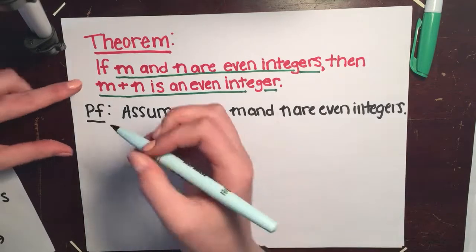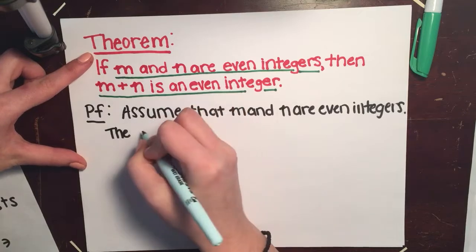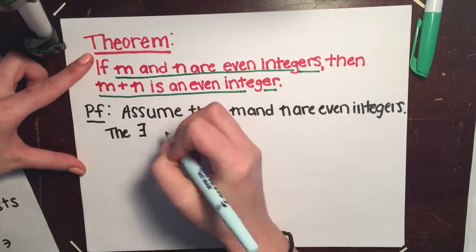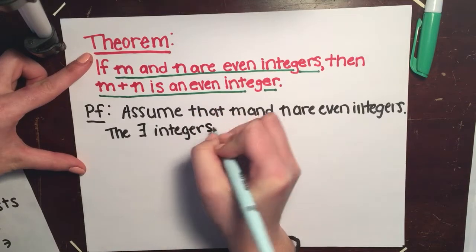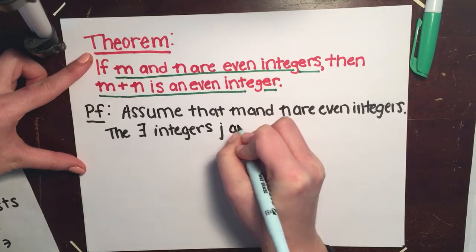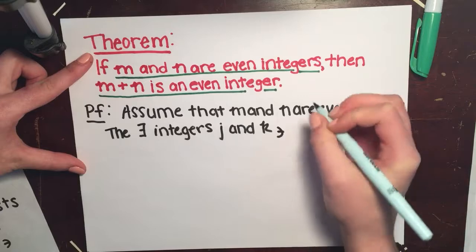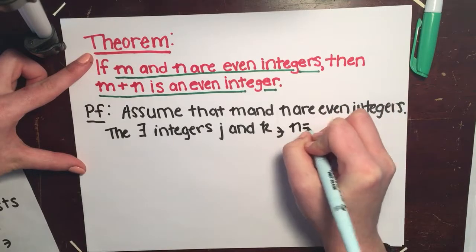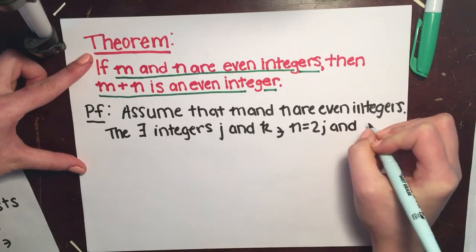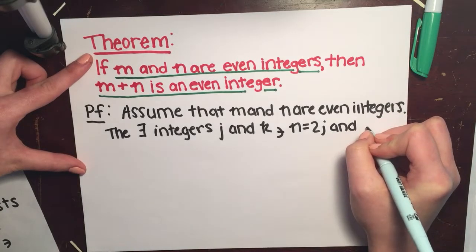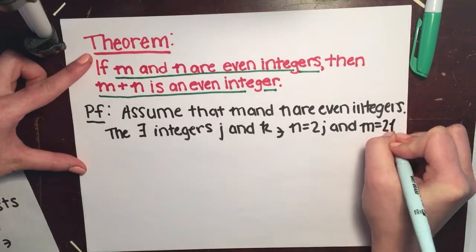Now we have to say, then there exist integers j and k such that n equals 2j and m equals 2k.